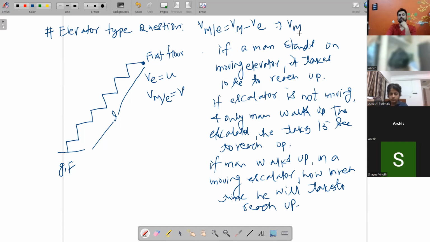So velocity of man with respect to ground is velocity of man with respect to escalator plus velocity of escalator, that is v plus u.